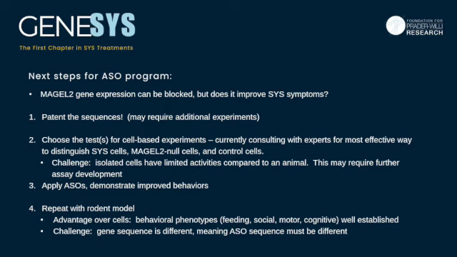And unfortunately, cells don't always act exactly like humans do. And so for those patients that have no MAGEL2 and are asymptomatic, the situation in cells, at least in the published data so far, has seen similar effects in MAGEL2 null cells, cells with no MAGEL2, and cells with a truncated MAGEL2.